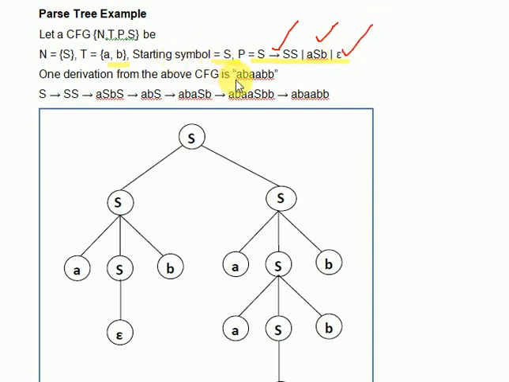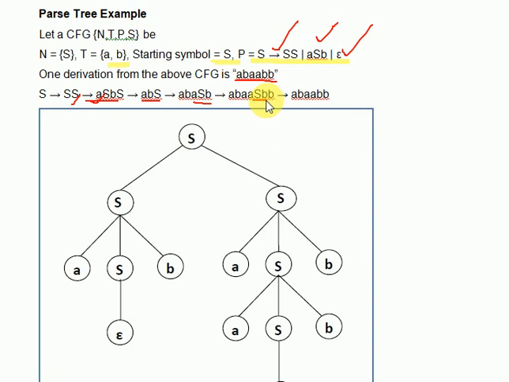Now we have to draw a derivation tree of ABaaB. So we will take the production S tends to SS. This will produce ASB. Now S is replaced by ASB, and S is replaced again by epsilon. Now again S is replaced by ASB, and S is again replaced by ASB.